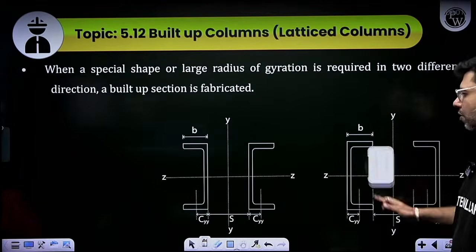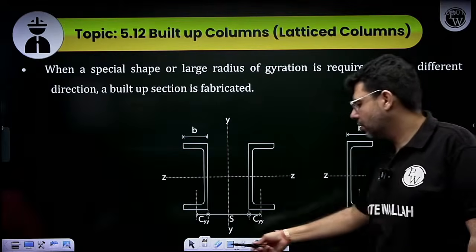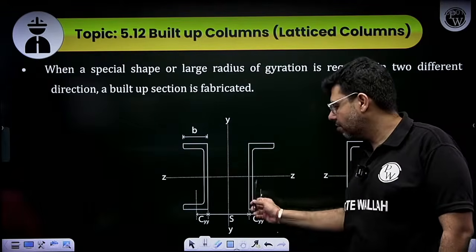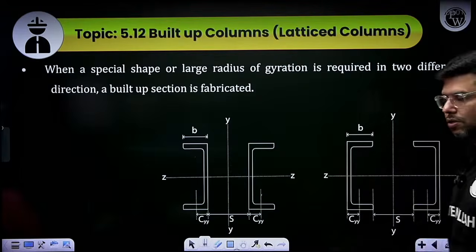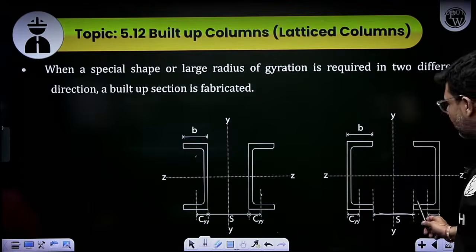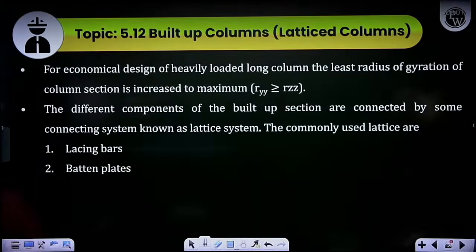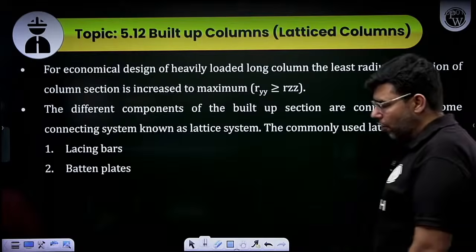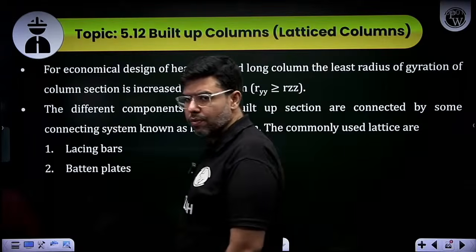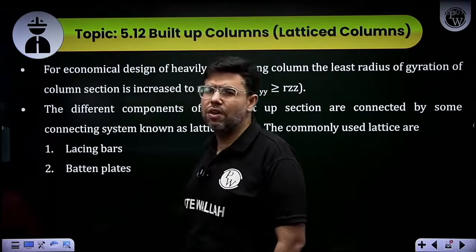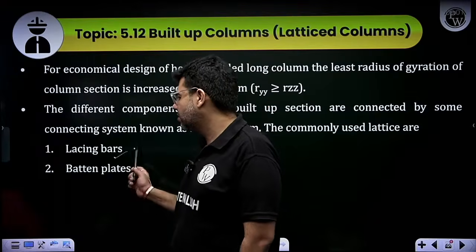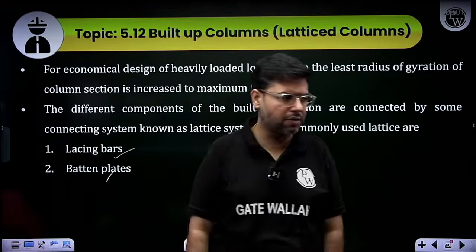This section is made of two channel sections. Here the spacing is decided such that the moment of inertia is the same about both axes, so you get the maximum compressive strength out of that. To ensure that both the columns behave in unison, you use lattice elements. Lattice elements can either be lacing or battens.